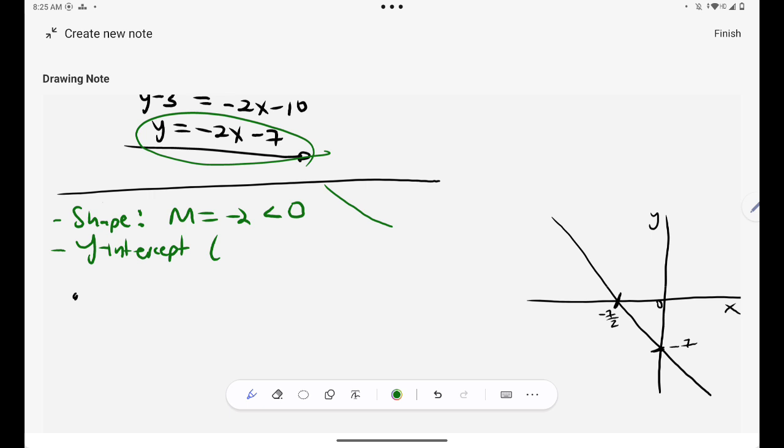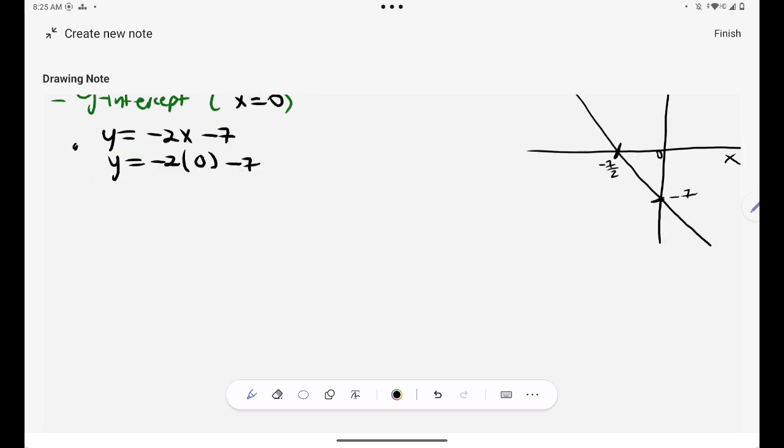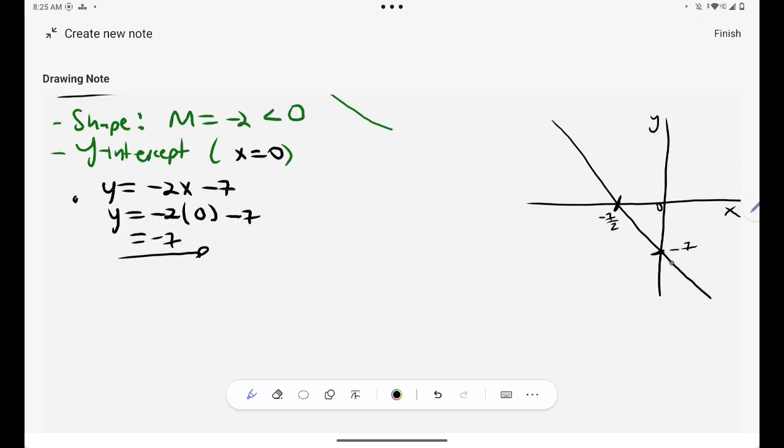For my y-intercept, always make x 0, solve for y. Therefore y = -2x - 7, so y = -2(0) - 7. I'll have -7 as my y-intercept, as it is here.